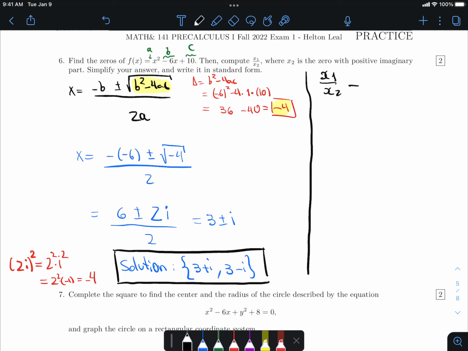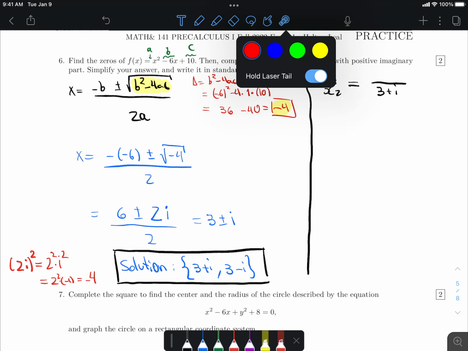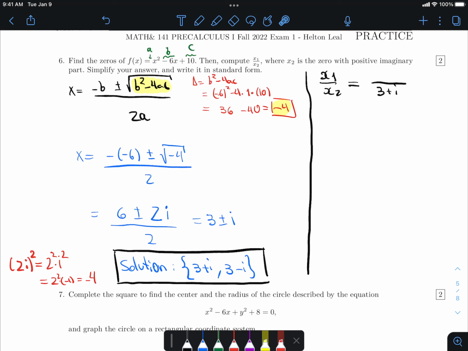So the bottom has positive imaginary part, so the bottom is 3 plus i. That's the positive i part. And the top, the only alternative for the top is the other one, so just 3 minus i.